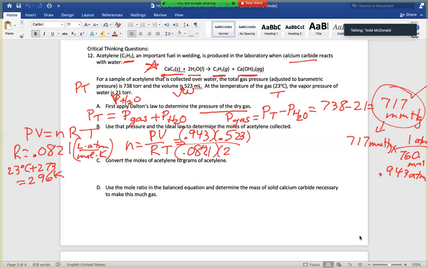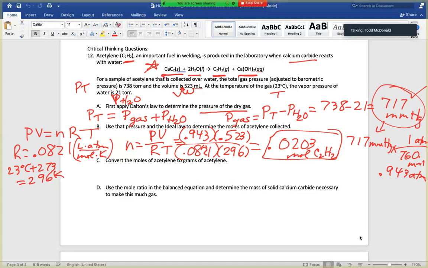And then my temperature 296. We plug all this into a calculator, 0.943 times 0.523 divided by 0.0821 divided by, since it's on the bottom, 296, you get 0.0203 moles of this C2H2. That's how many moles would have been collected.